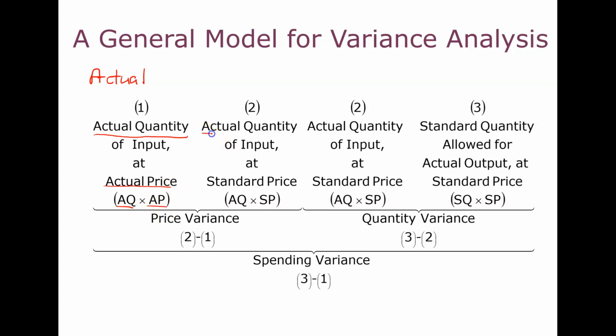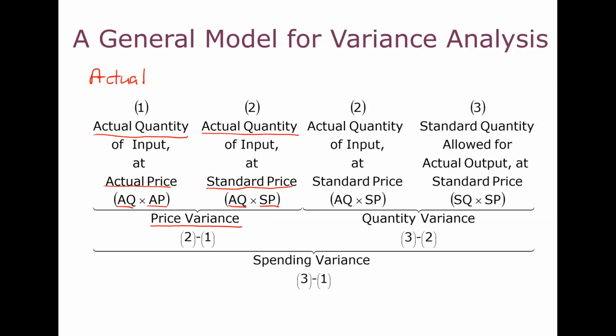Then we're going to look at actual quantity at standard price. So in this one, we're looking at how many did we buy at the price we budgeted. So we'll take the price we budgeted, versus actual price at actual quantity, times what we actually did pay for it, times how many we did. Take the difference between those two, and that gives us our price variance.